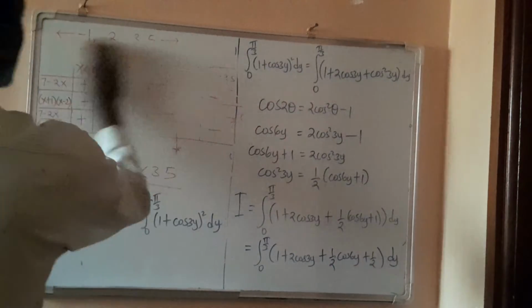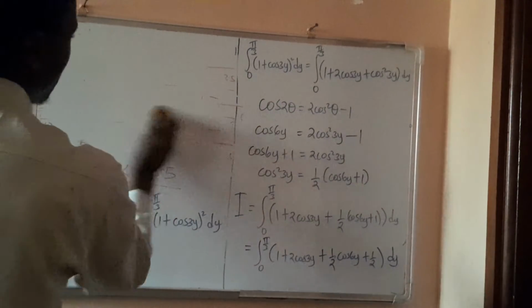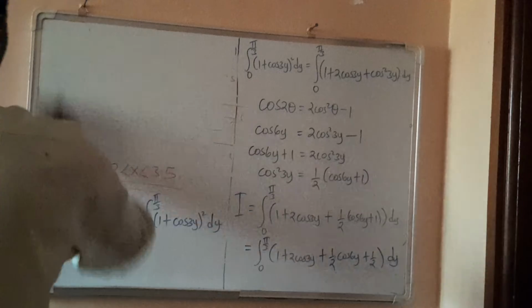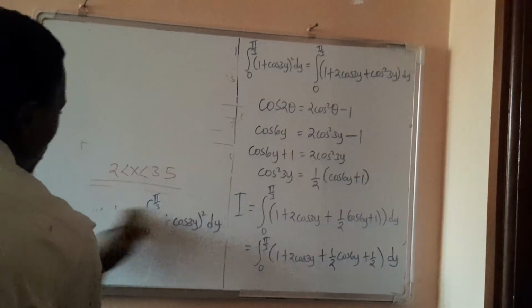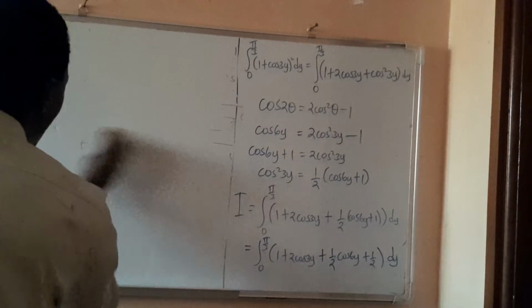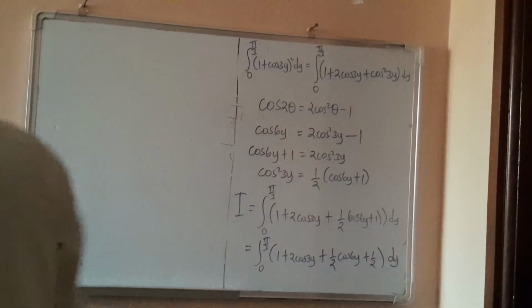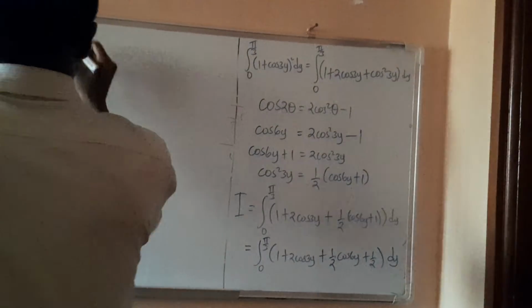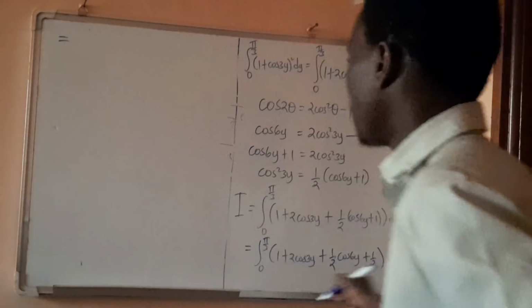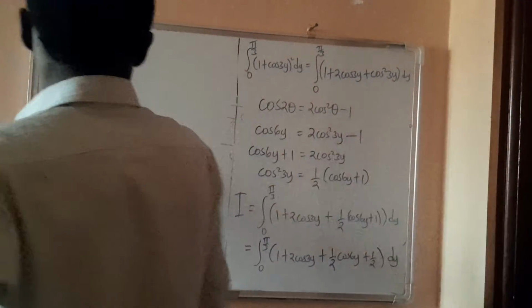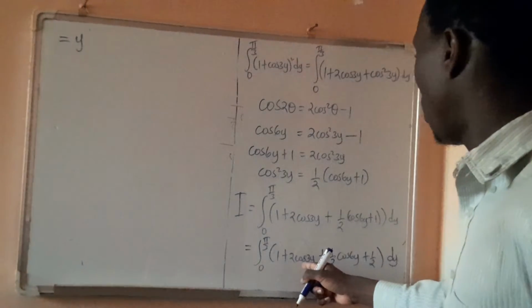Now we can integrate. We are free to evaluate that integral now. So if we integrate 1 with respect to y, we get y. Integrate 2 cos 3y.